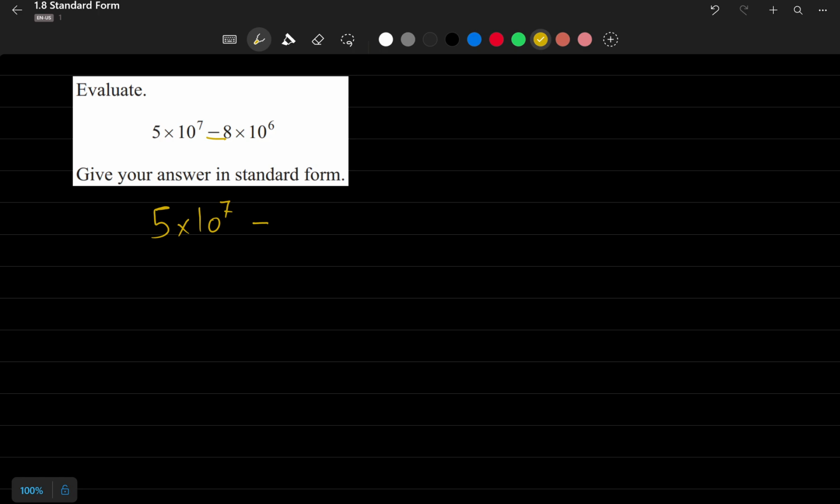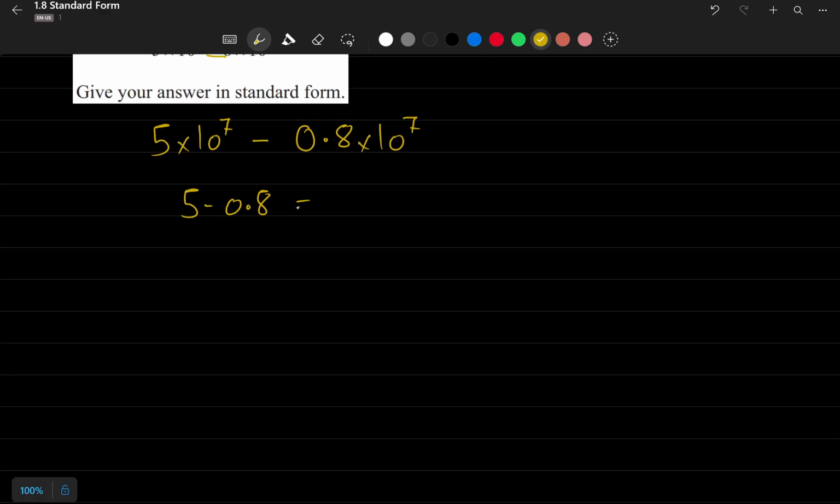So for adding a power we move the decimal towards left, so the value becomes 0.8 into 10 raised to power 7. 5 minus 0.8, which gives you 4.2. Powers are same, so we simply write it once. 4.2 into 10 raised to power 7.